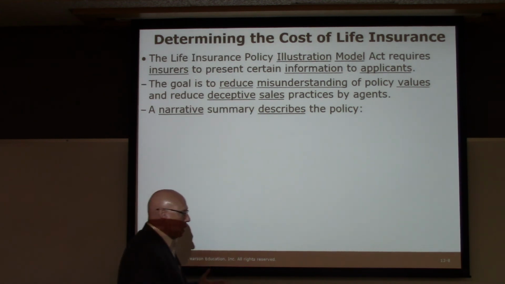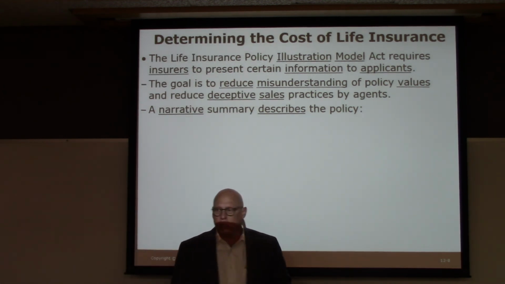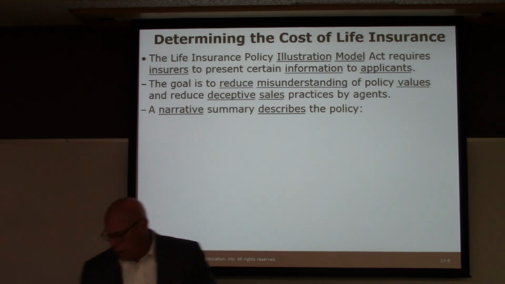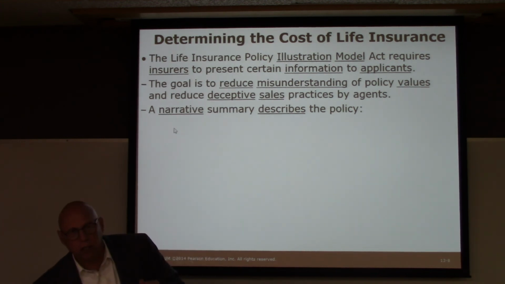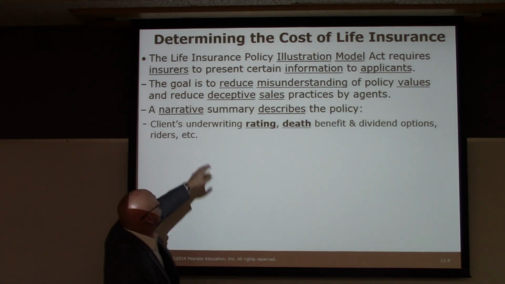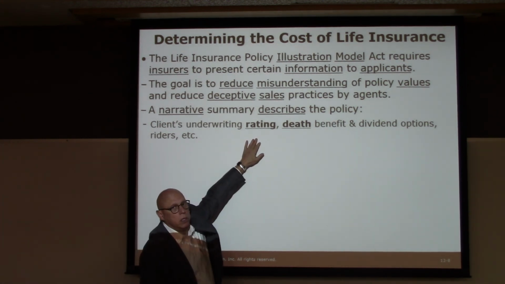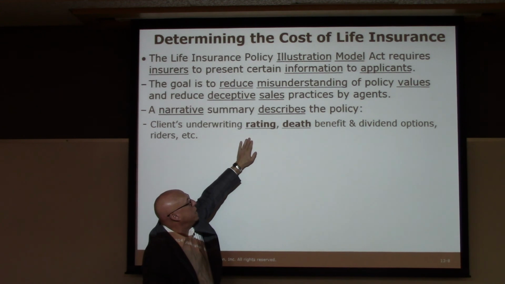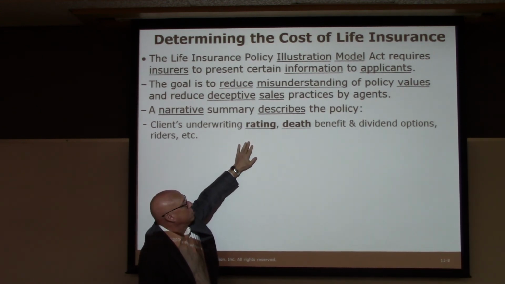All right. So the first part of the Act focuses on a summary that describes the policy. This is a narrative text. The client has to understand how they're being rated, and that's really important, because the rating will determine the premium cost.